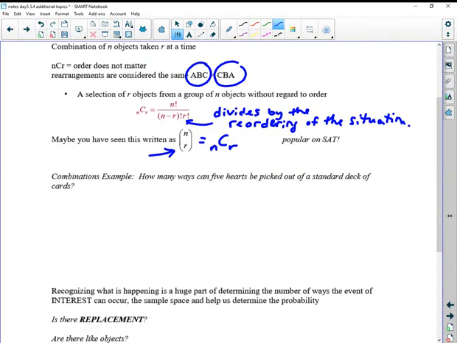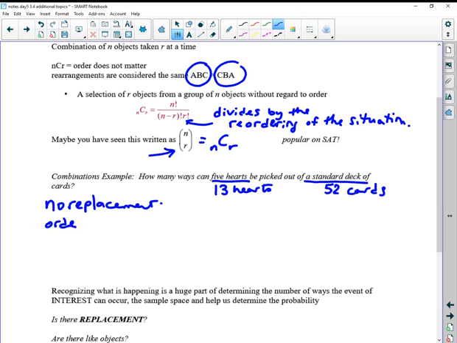So if we have an example of how many ways can 5 hearts be picked out of a standard deck of 52 cards, there are 13 hearts in that deck. That's a standard deck of cards. And so when we take out a card, we are not going to put it back. So it's no replacement. And the order is not going to matter because I can reorder them in my hand.